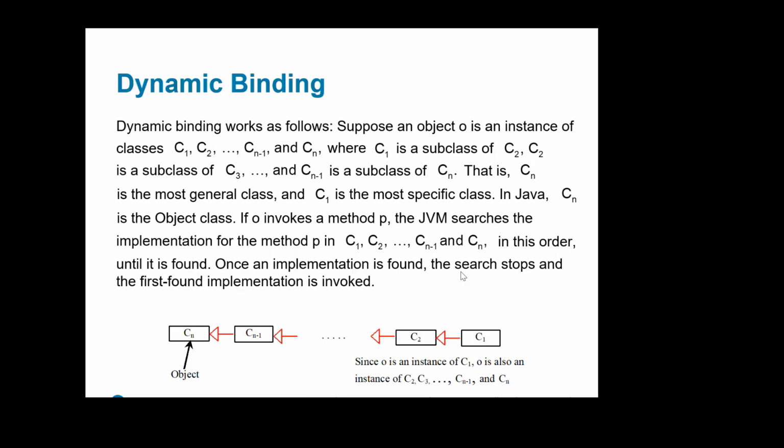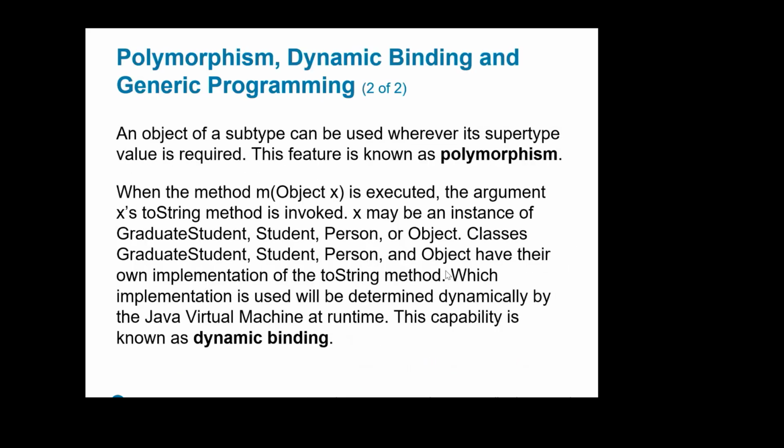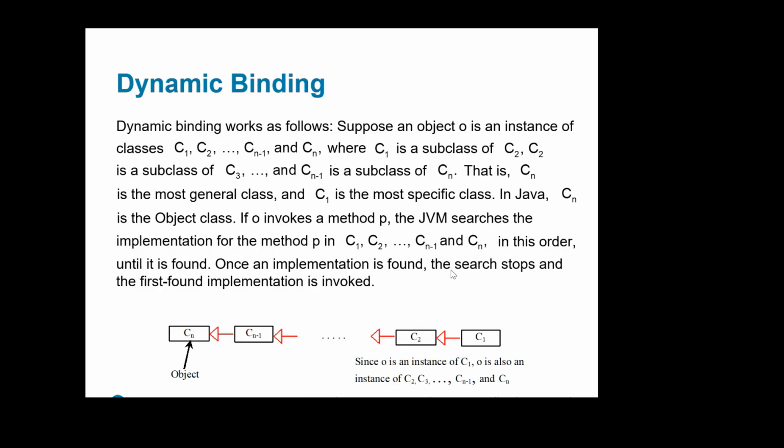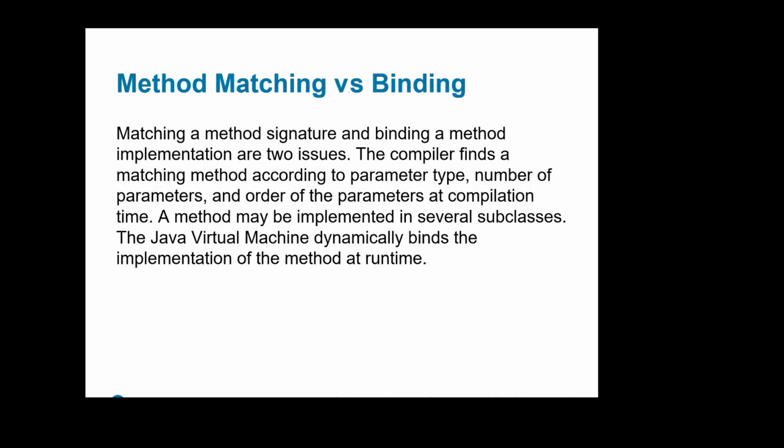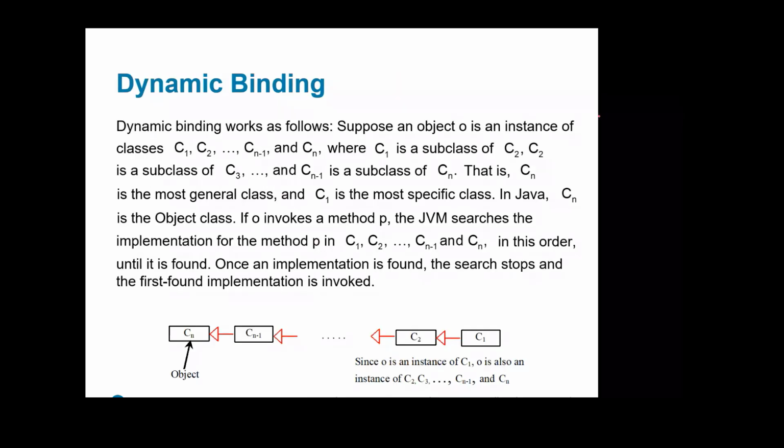So instead of just a single parent-child relation, here there are multiple levels of parent-child relation. The way they have arranged it, C1 is a subclass of C2.